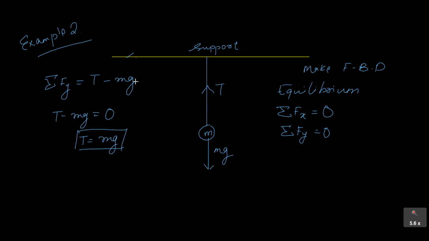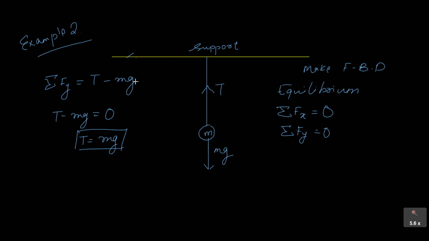Now, using this kind of example, it is better understood what a free body diagram means. Okay, it basically means if we have any object, we draw all the forces that are acting on that body, and if it is at equilibrium, then we can write the equation for the forces.